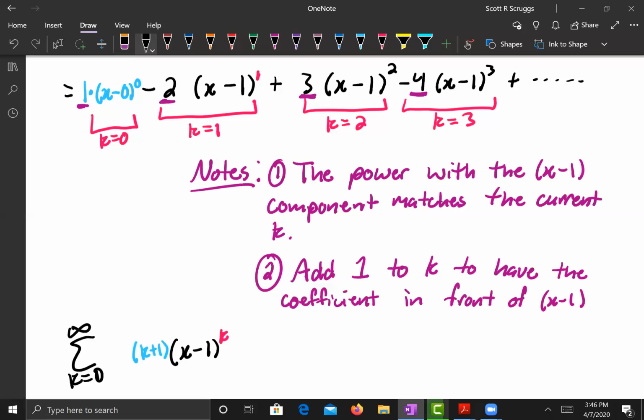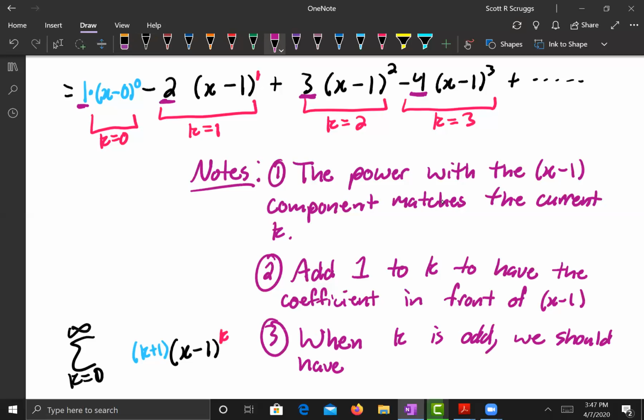And there's our third note from what we observed: when k is odd, you should have a minus sign. And because it is the odd terms, that will be corresponded by -1 to the kth power.